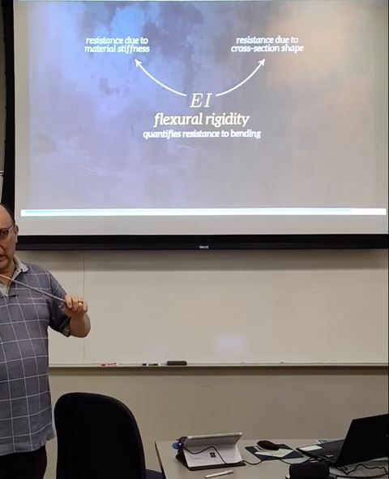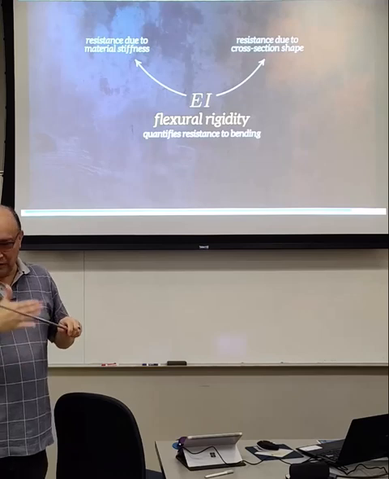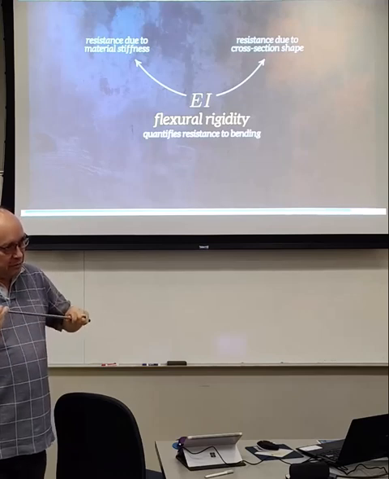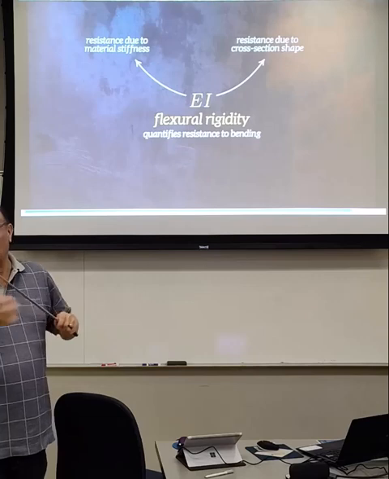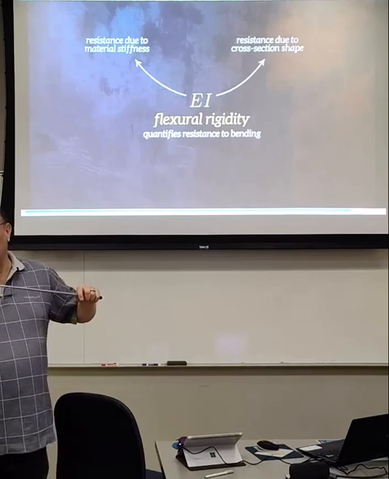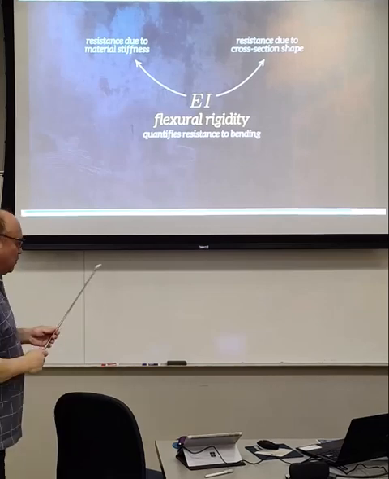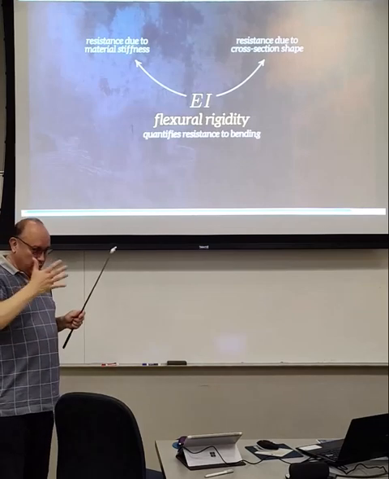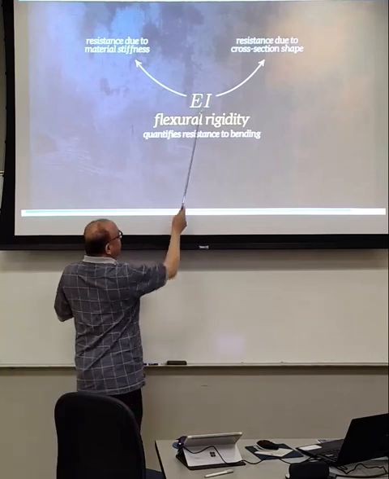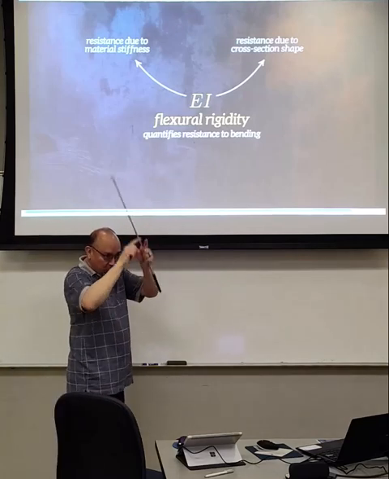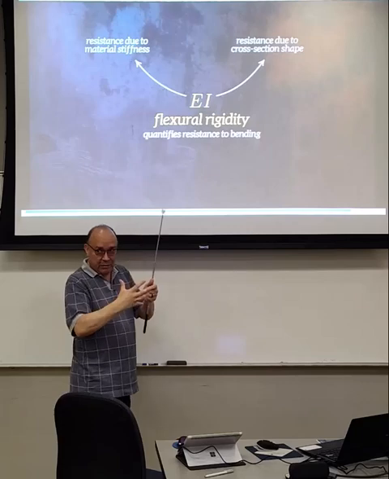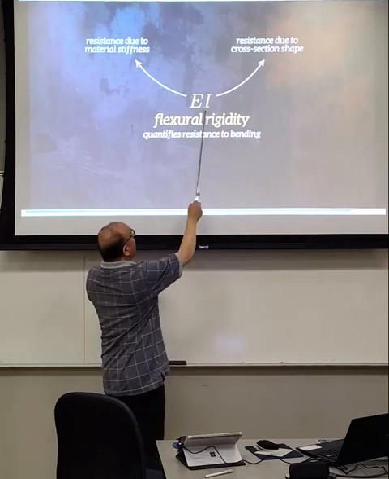But not only the cross-section of the beam holds the bending, also the material. It's different if I have a beam made of wood or concrete or steel. So the shape of the cross-section and the properties of the actual shape, how good that shape is to resist bending, is given by this.